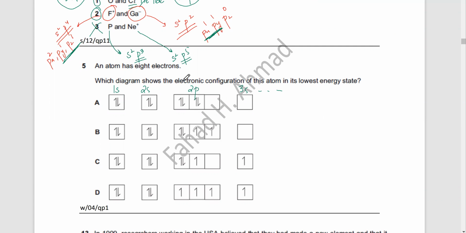Now the electronic configuration of 8 electrons would be 1s2, 2s2, and 2p4. 4 electrons in the 2p would first get half filled, and then one of them would be paired with the opposite spin. So B is going to be your answer to this question. Okay? So any questions about this? Is this clear?